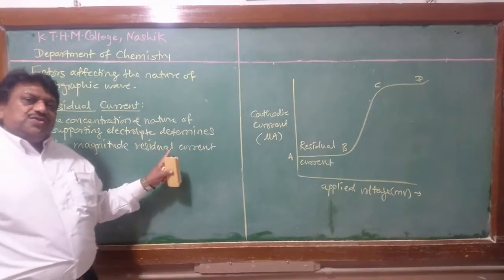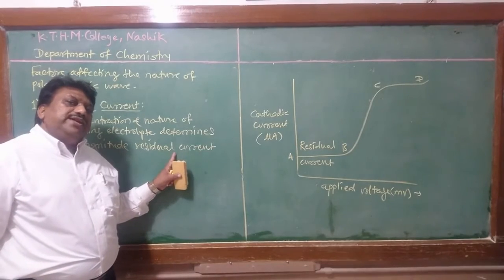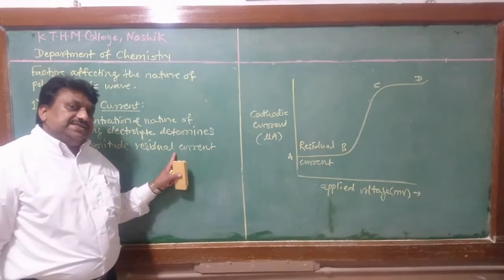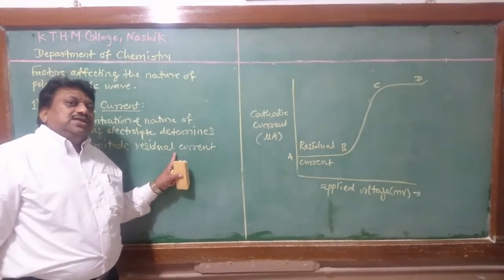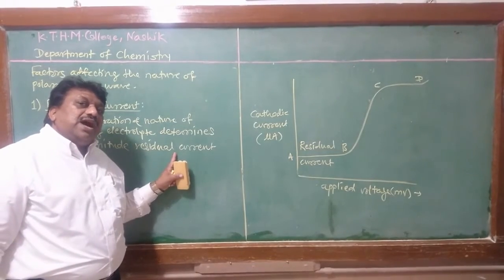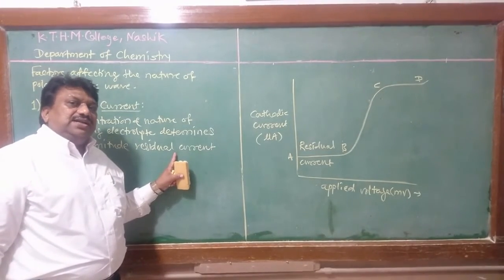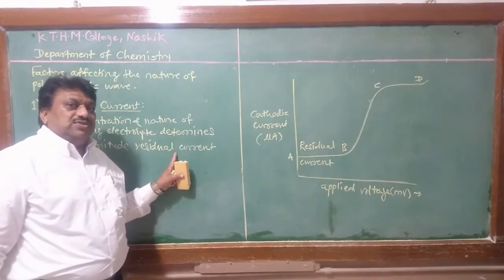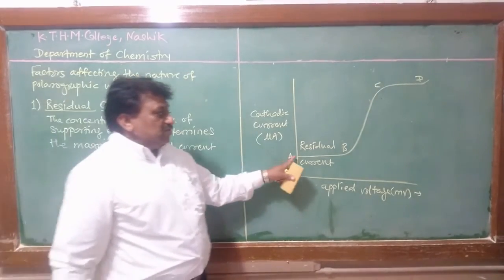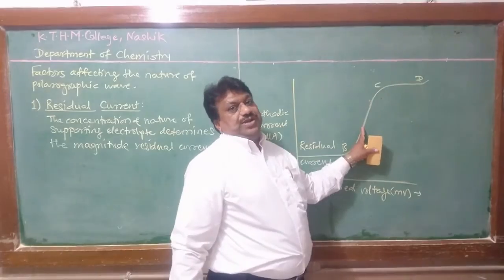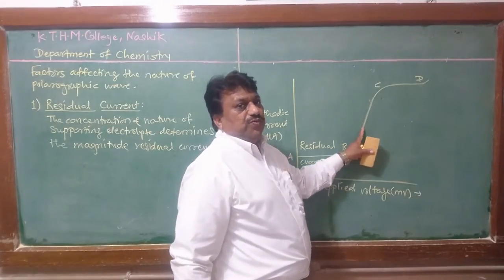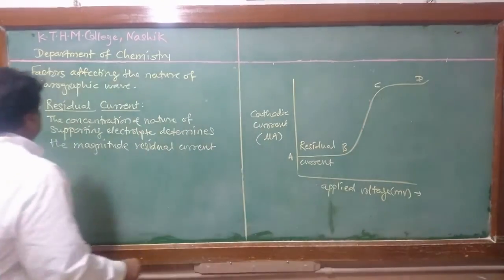Now, if the concentration of supporting electrolyte employed in polarographic analysis is less, then the cell works under a high resistance. At that time, we have a distorted polarogram, and we do not get a proper value of half-wave potential.